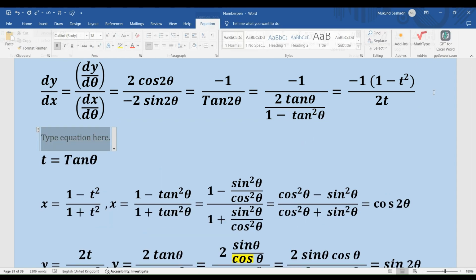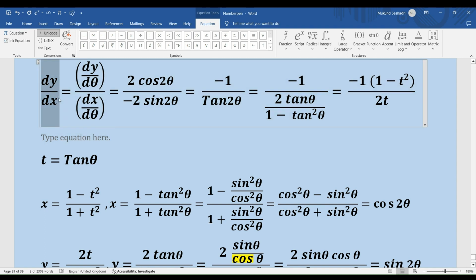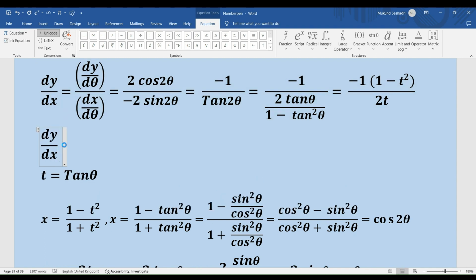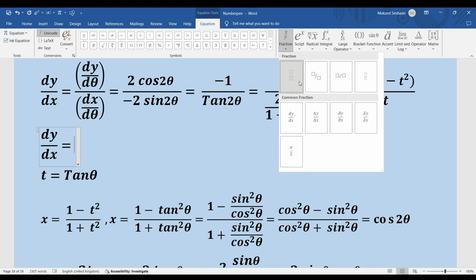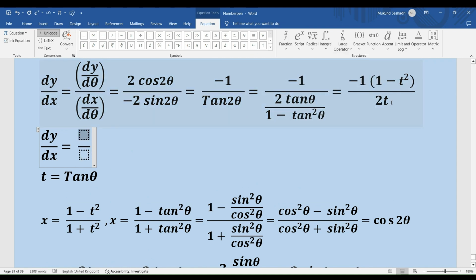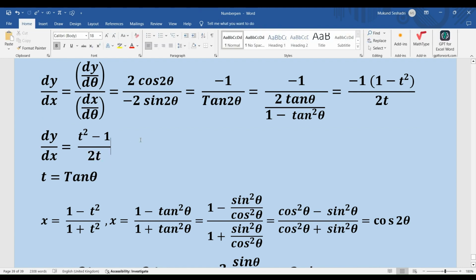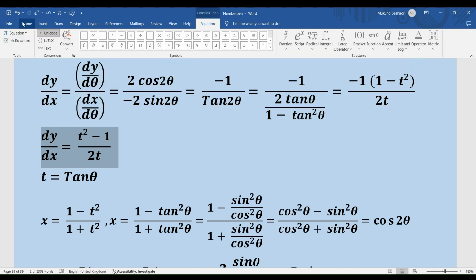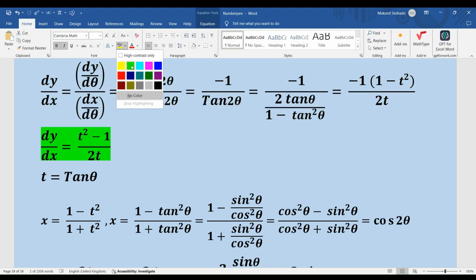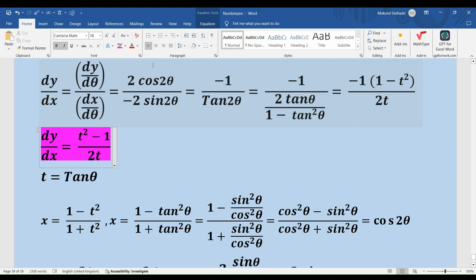My dy by dx is nothing but minus of 1 minus t square, which is nothing but t square minus 1, so I write it as t square minus 1 divided by 2t. Is there a possibility to further simplify? The answer is no. Therefore, we have our final answer in terms of t now. It's dy by dx equal to t square minus 1 the whole divided by 2t.